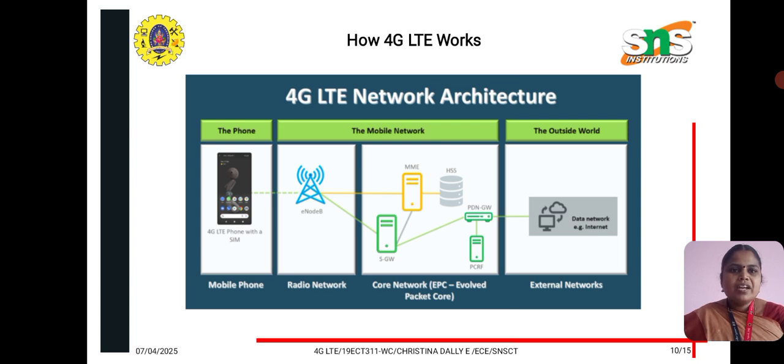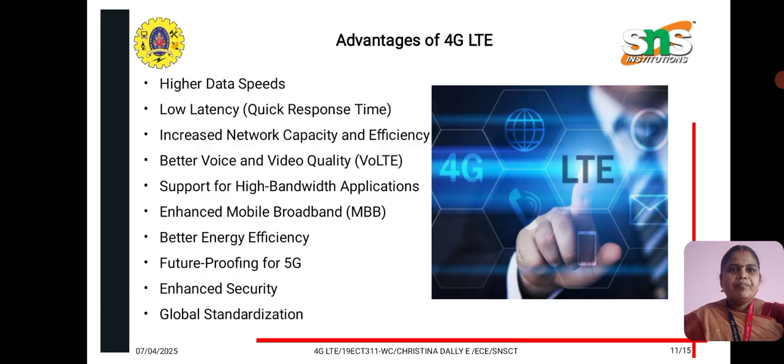From the radio network, it is connected to the MME, HSS and PCRF, and from there it is connected to the data network. The mobile network is connected with the radio network and the core network, and from there it is connected to the data network, which is in the outside world.